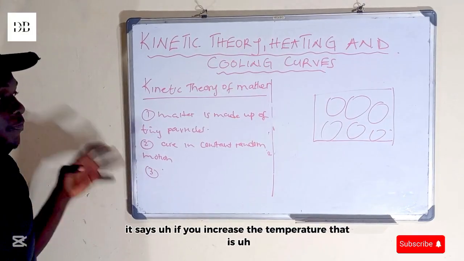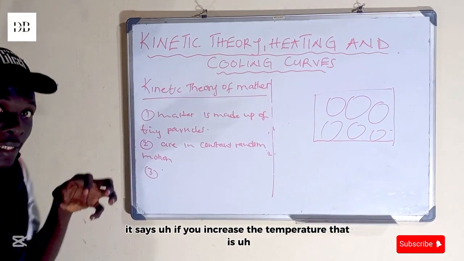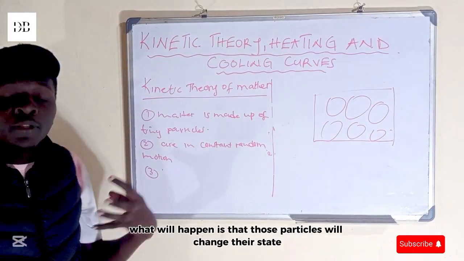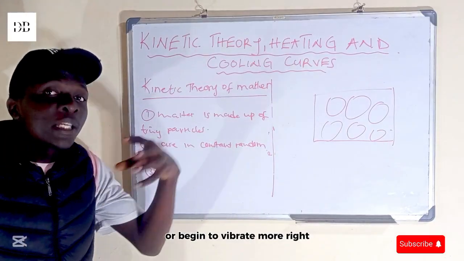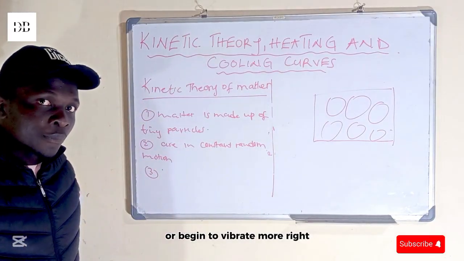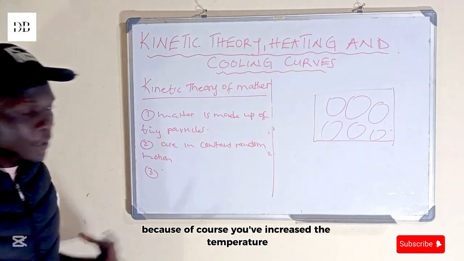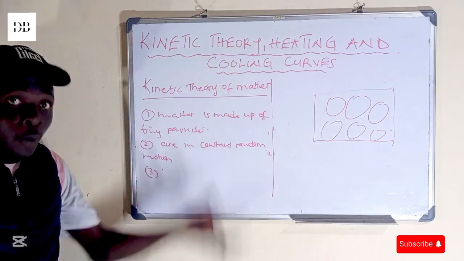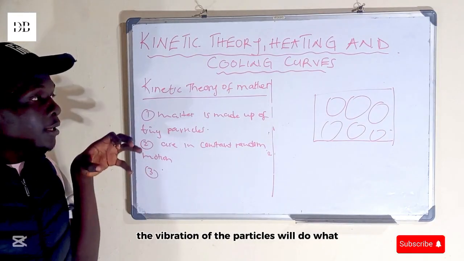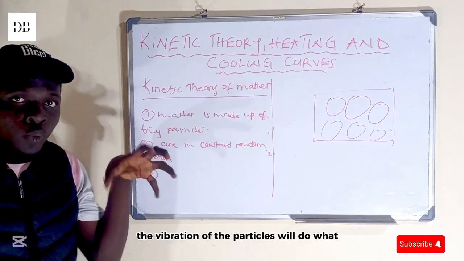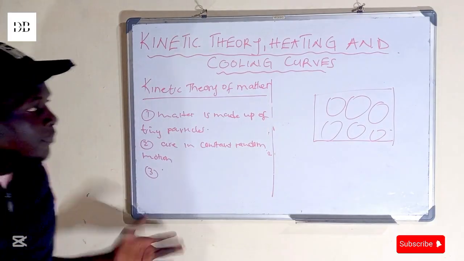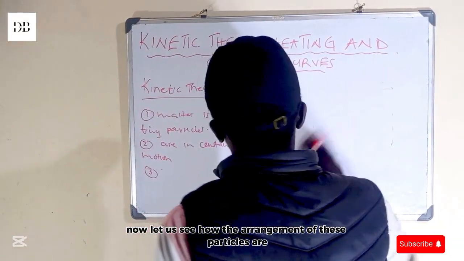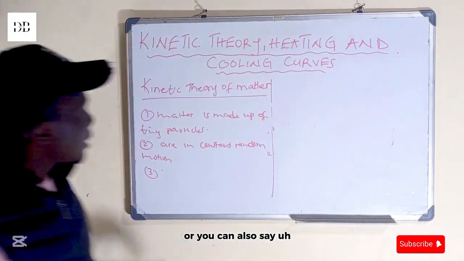So that is what the third point under the kinetic theory of matter explains. If you increase the temperature, that is the average kinetic energy of the particles, those particles will change their state or begin to vibrate more, right? Because of course you've increased the temperature. And the opposite is true. When you reduce the temperature, the vibration of the particles will reduce. Now, let us see how the arrangement of these particles is.